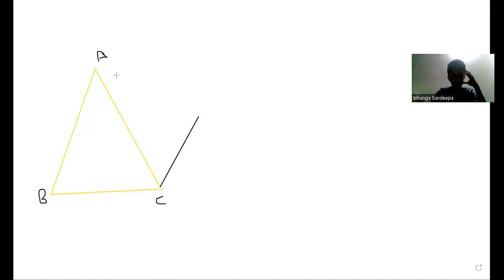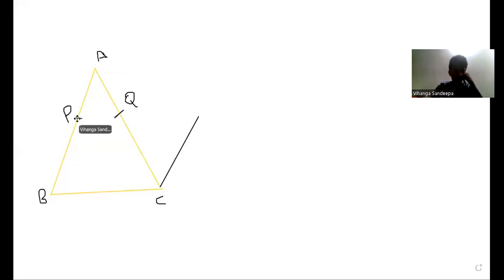So it is given that the midpoint of the side AB is P, and of side AC is Q. So students, midpoint of the side AB is P and AC is Q.